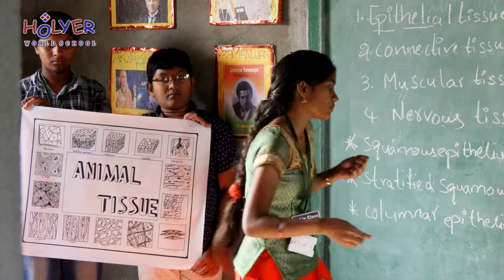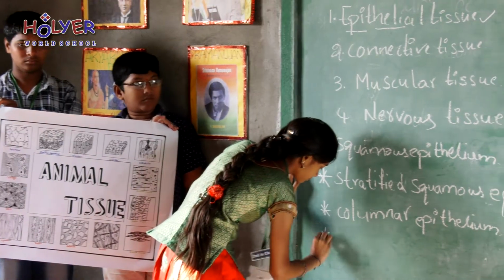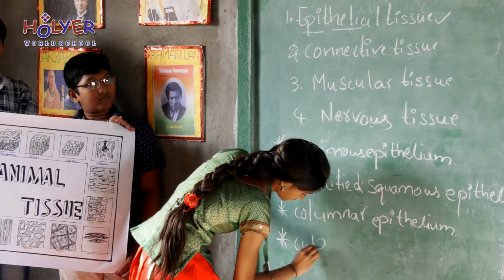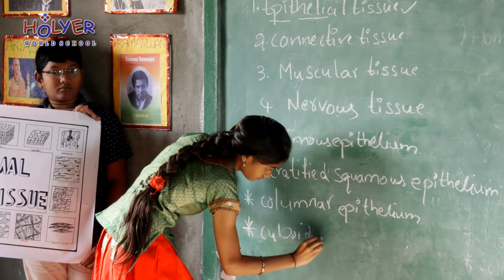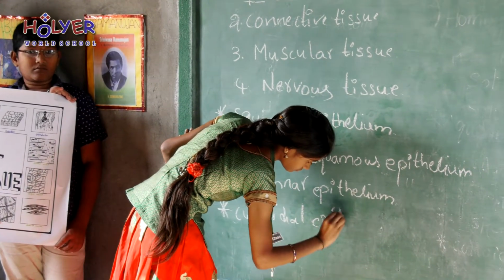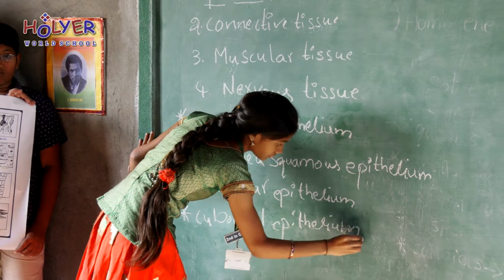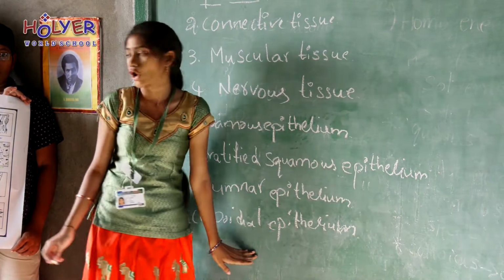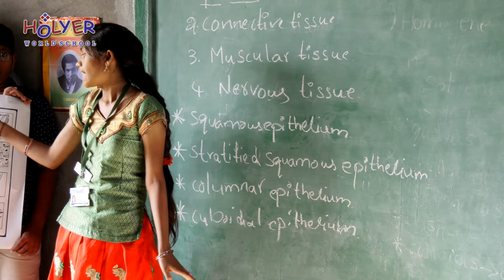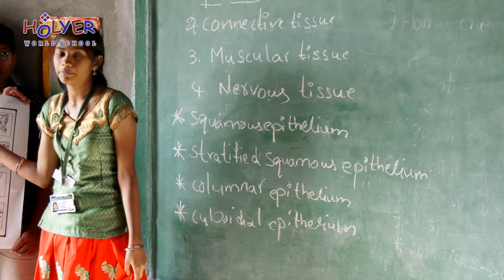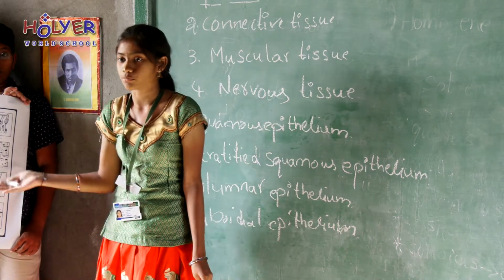And the fourth one is cuboidal epithelium. The cells in this tissue are in the shape of a cuboid like this, and hence it is known as the cuboidal epithelium. These mainly give mechanical support to our body.